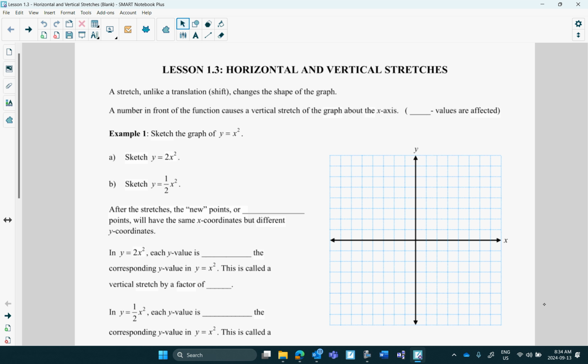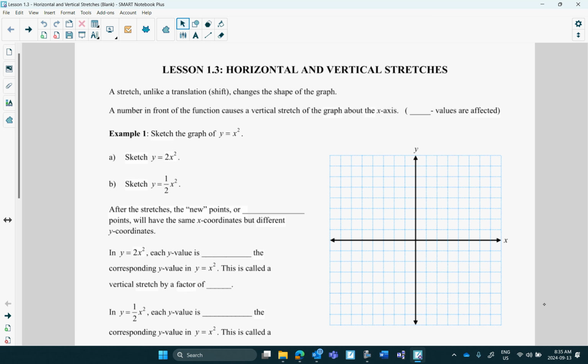One, which we did last year with parabolas, quadratic functions, which were vertical stretches. So it's stretched up like this from the x-axis, or it compressed and went out wide. But every time we did a vertical stretch, it's the y values that were affected.